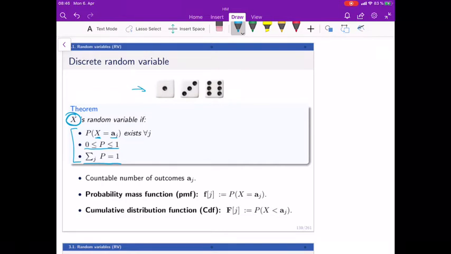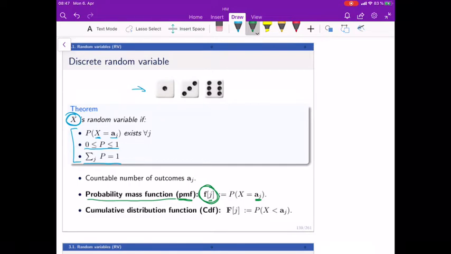There are 2 things now for discrete random variables that I'd like to introduce to you. One is the probability mass function. Big word, PMF, we sometimes say. All it means is I've got a function f of j, and we already saw that on the introductory slide. And f of j simply gives us the probability for outcome aj. That's all it is.